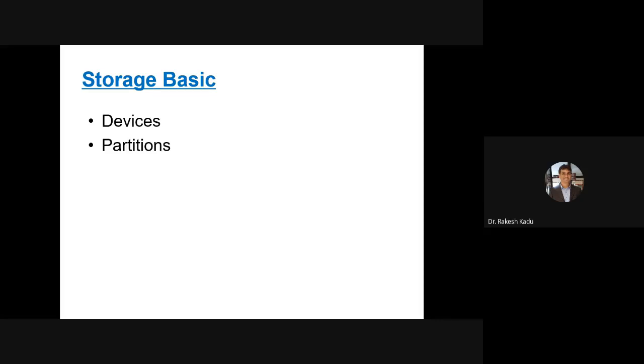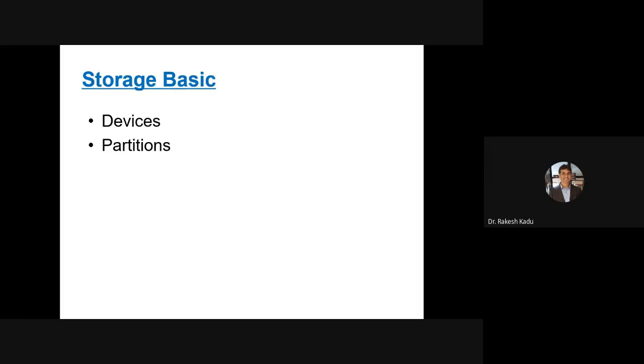When we buy a hard disk drive, it comes with a particular size capacity that can be measured in megabytes, gigabytes or terabytes. We can divide that physical storage device into a number of sections called partitions. So we can divide that storage into different sizes or capacities.